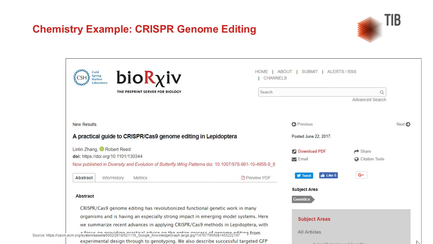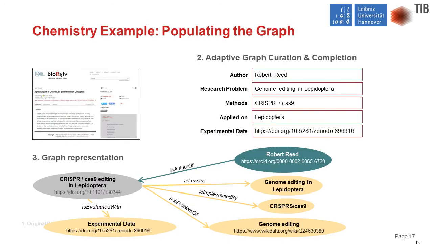So let me illustrate how we aim to realize that with an illustration of a bioRxiv publication, a practical guide to CRISPR-Cas genome editing in Lepidoptera, which is butterflies. We envision that in addition to the publication, the knowledge graph is populated with information about research problems, about the methods, about what they were applied on, where the experimental data can be found.